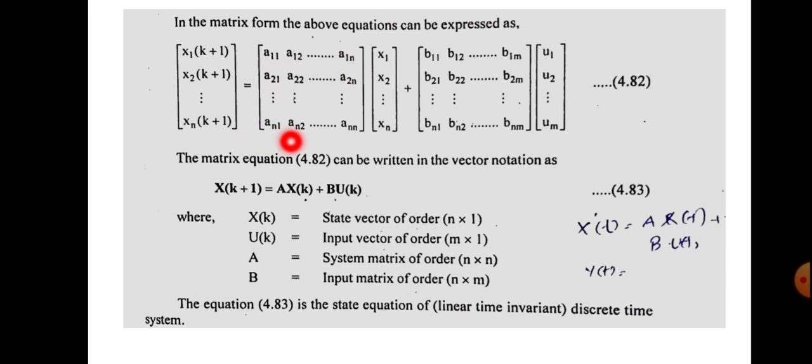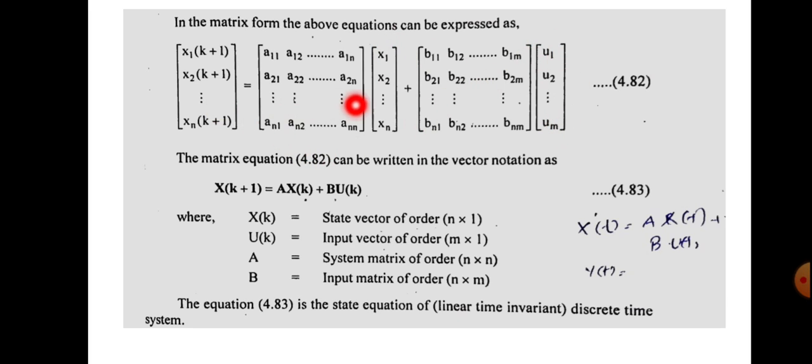Similarly it will go to an1, an2, etc. up to ann. The next matrix is x1, x2, etc. up to xn, plus b11, b12, b1m. Similarly it goes to bn1, bn2, bnm, and it will be multiplied by u1, u2, um. So we can say that this is a function of state variables and input variables.